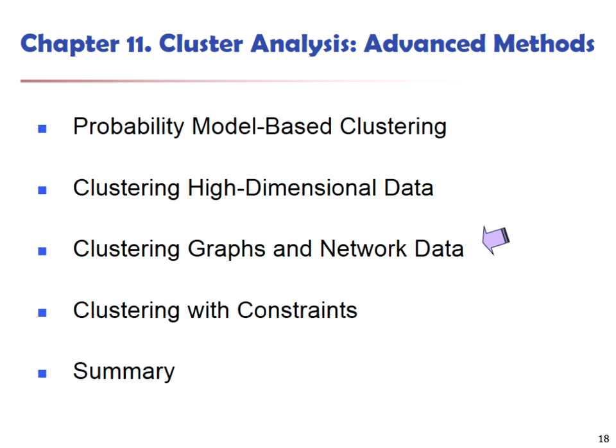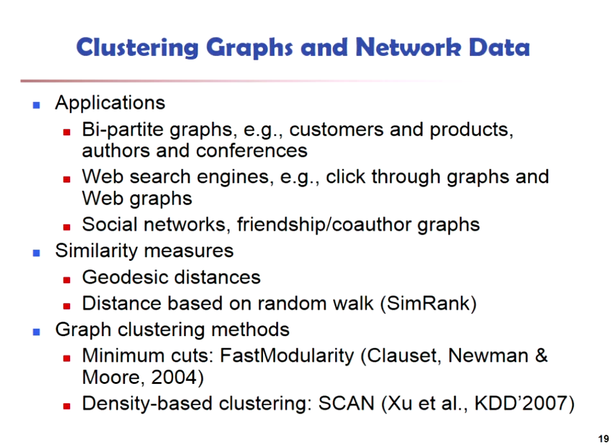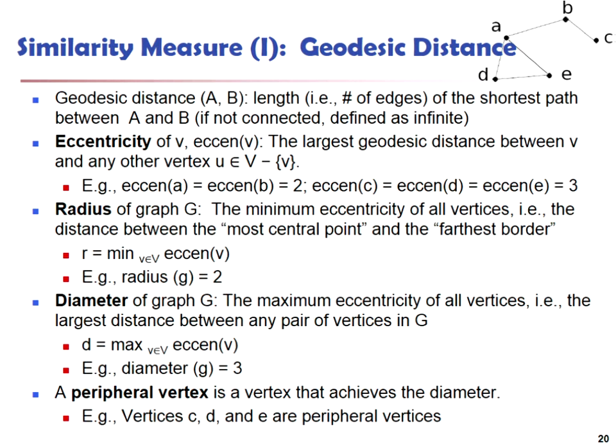What is the distance that will be used to calculate the similarity measure? Very good, geodesic distance. So the similarity measure will be created by geodesic distance. What is the meaning of geodesic distance?